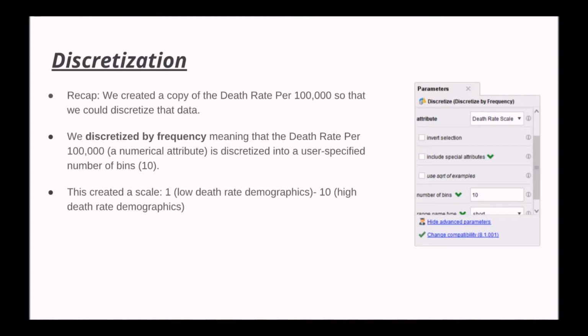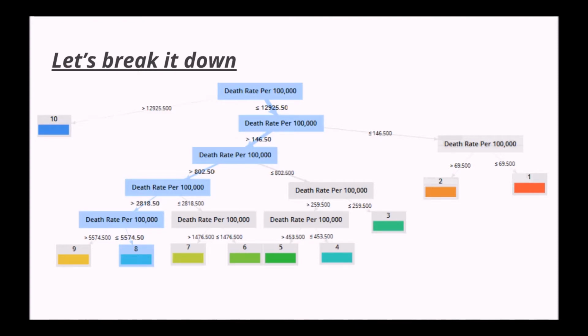Obviously, with that being said, this created a scale where countries with low death rate demographics were listed as ones and twos, and countries that had very high death rate demographics were typically categorized higher, towards 10. If we look at how it was broken down, we did a tree.